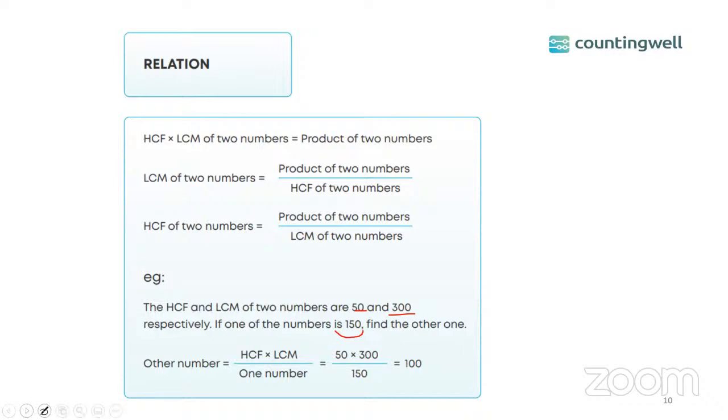So we can find the other number as HCF into LCM divided by one number. We get this formula using our first equation. So we have 50 into 300 divided by 150, which is equal to 100.